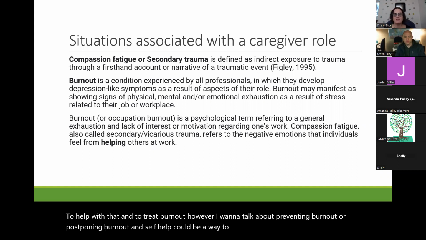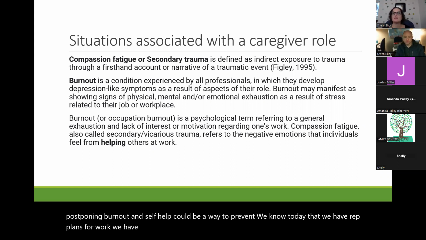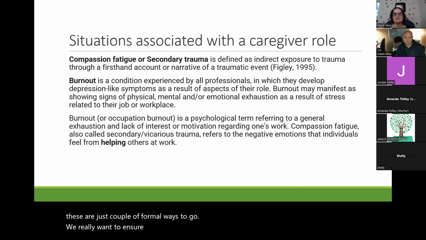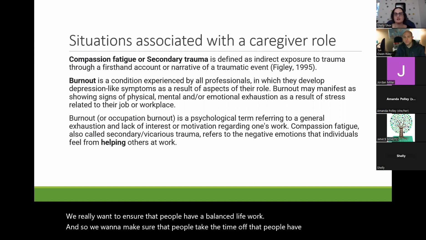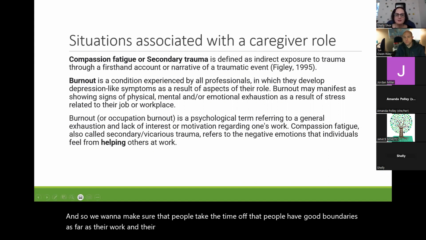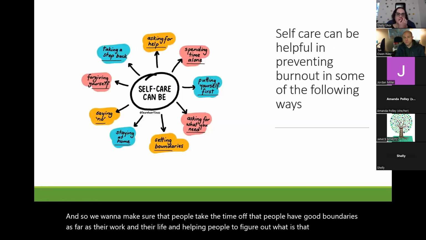We know today that we have wellness plans for work. We have employee assistance programs, and these are just a couple of formal ways to go. We really want to ensure that people have a balanced work-life ratio. And so we want to make sure that people take the time off, that people have good boundaries as far as their work and their life, and helping people figure out what is that good balance for them.